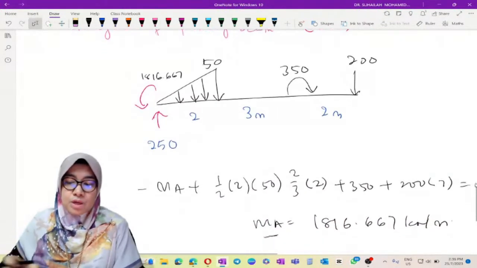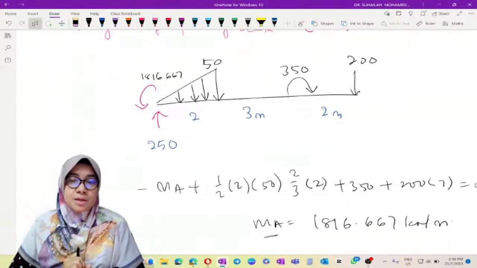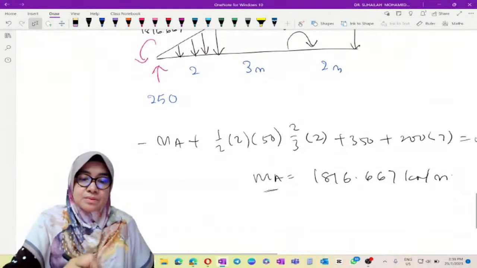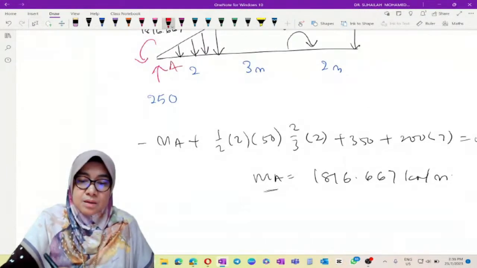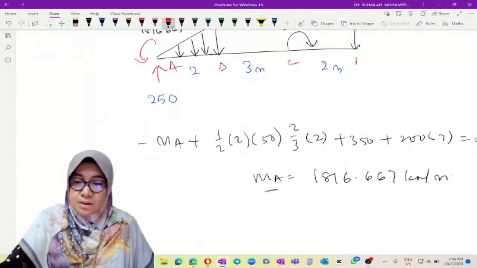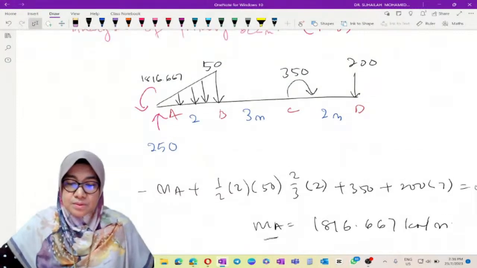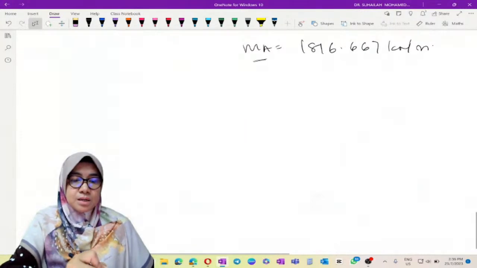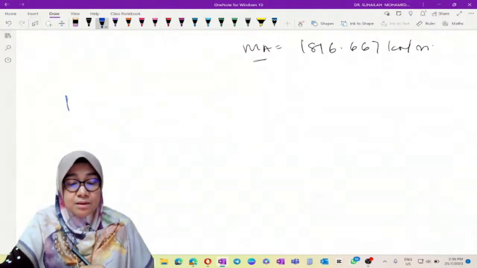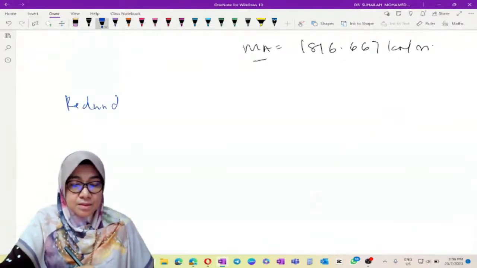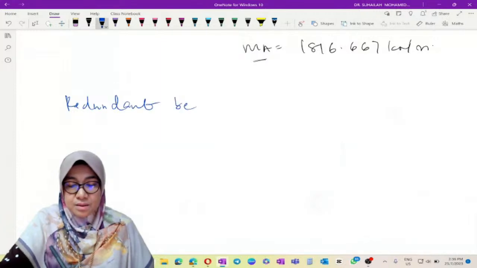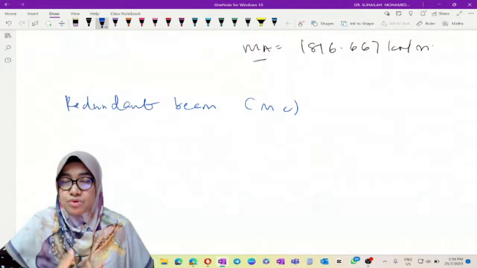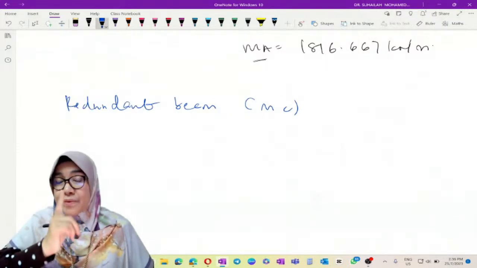And now we will move to the redundant beam. This is A, B, C, and D. This is MC. We can also use M1 for redundant.